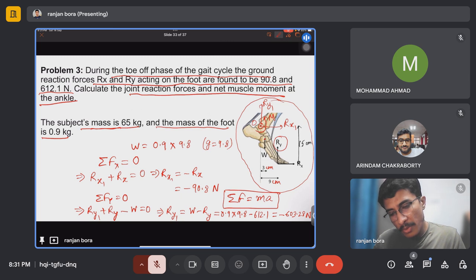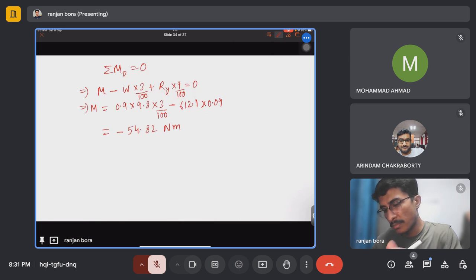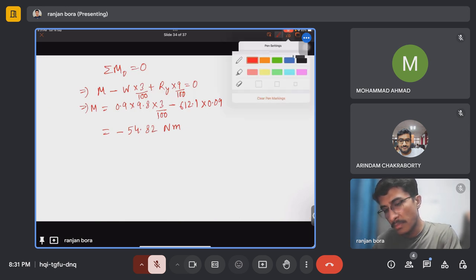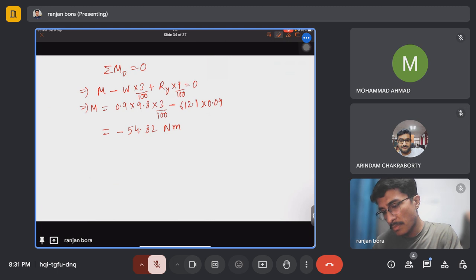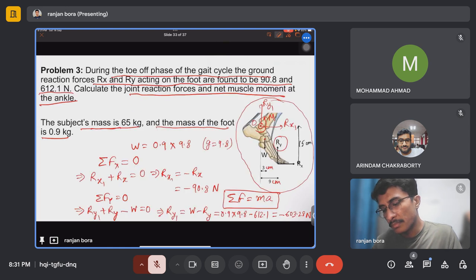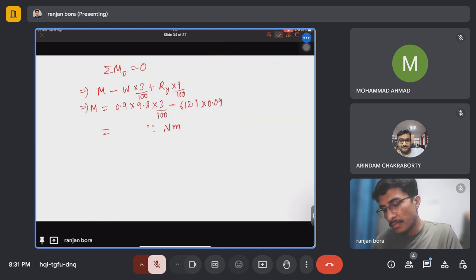So Rx will produce an anticlockwise moment.